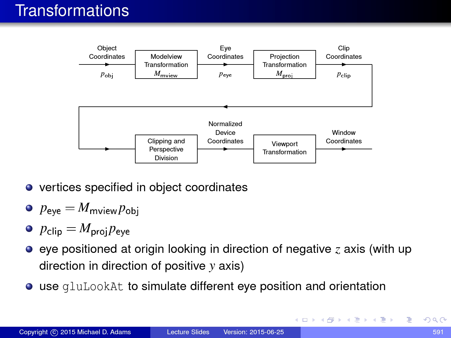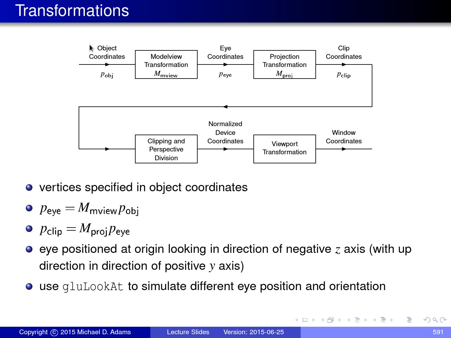The figure on this slide shows the transformations that a vertex undergoes as it passes through the graphics pipeline in OpenGL. And in this pipeline, vertices are represented as a point in homogeneous coordinates. And there are essentially three key coordinate systems. There's the object coordinate system, the eye coordinate system, also sometimes called the camera coordinate system, and then the window coordinate system. The object coordinate system is the coordinate system used for specifying vertices of all geometric primitives in OpenGL.